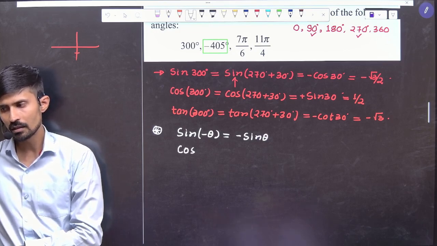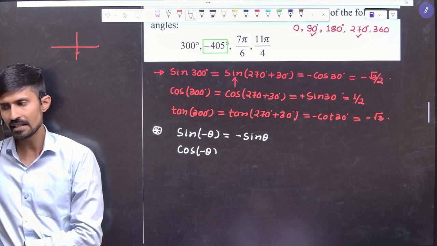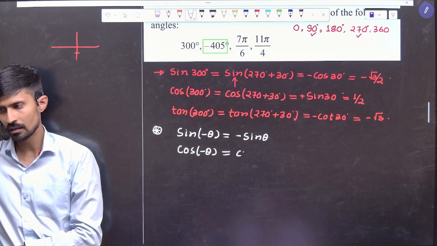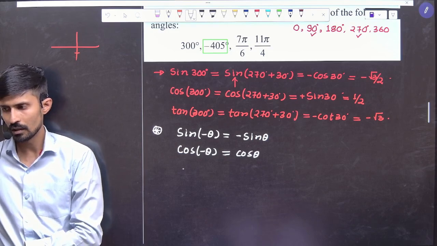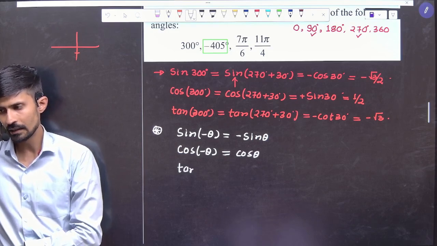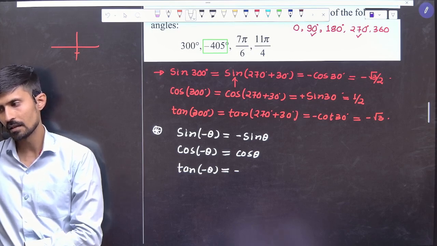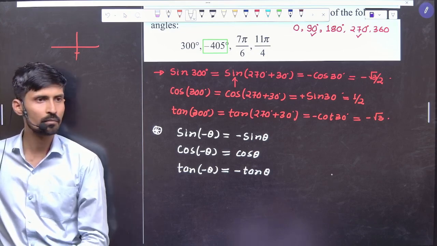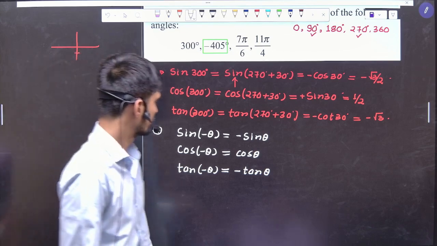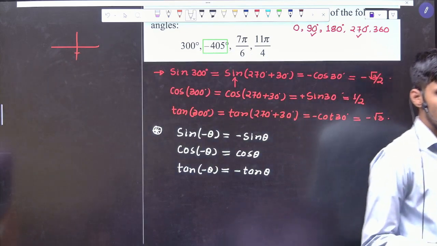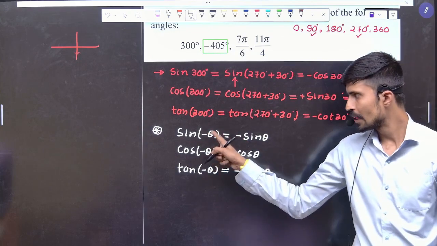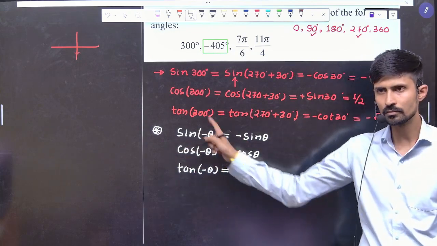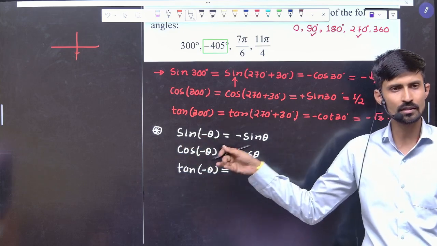Cos minus theta is there, tan minus theta is there, minus tan theta. So from sine and tan, minus will come out. From cos, minus will vanish.